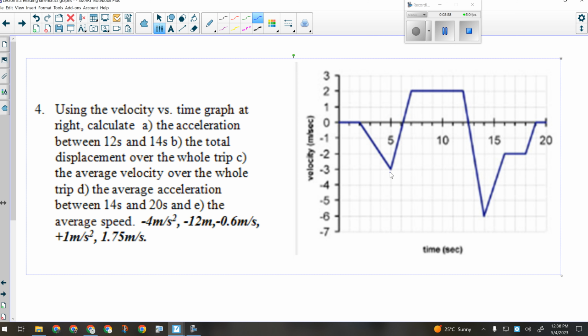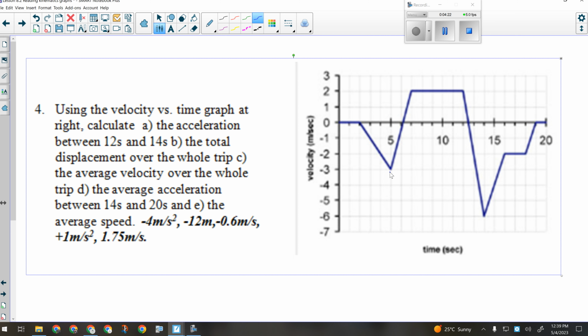How fast is it going at 12 seconds? +2. What's it doing during that section? Yeah, it's traveling at a constant velocity of +2 meters per second. And again, I'm not memorizing that, I'm just looking at the graph, and it's showing me how fast it's going, and it says that for those seconds, it is going 2 meters per second forward.